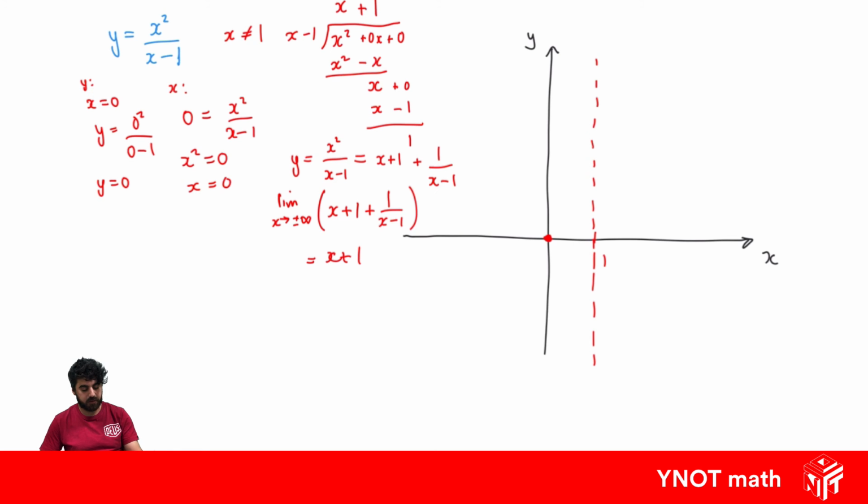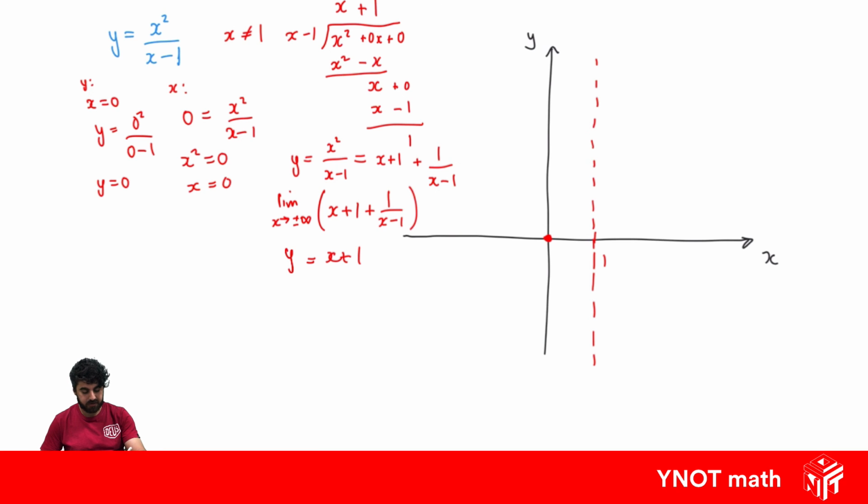Doing the same thing with negative infinity, negative infinity minus 1 is just negative infinity, and 1 over negative infinity is also 0, so it also approaches x plus 1. And this is in fact our oblique asymptote, y equals x plus 1.